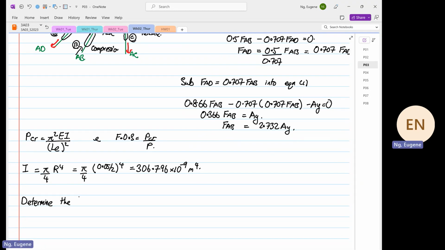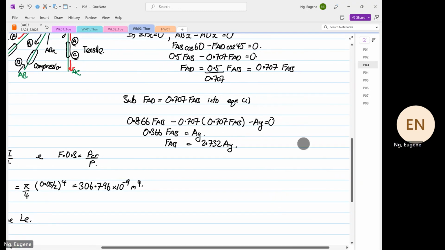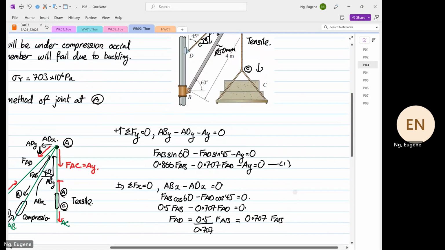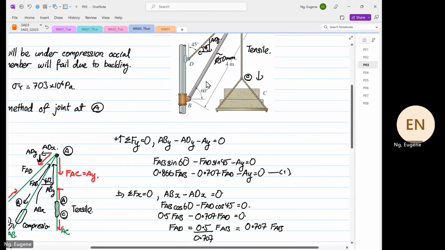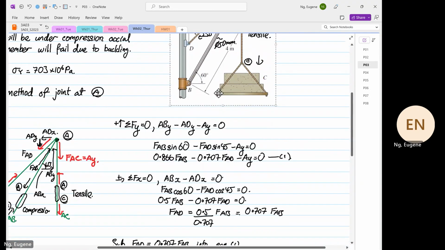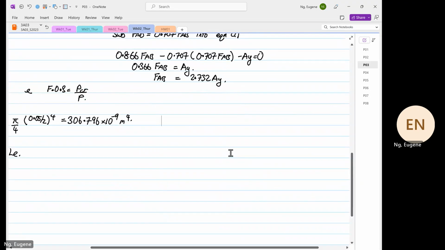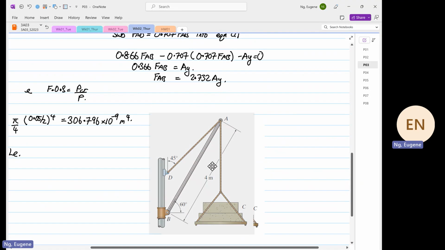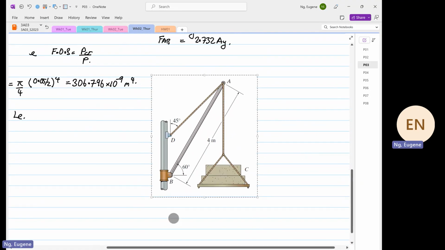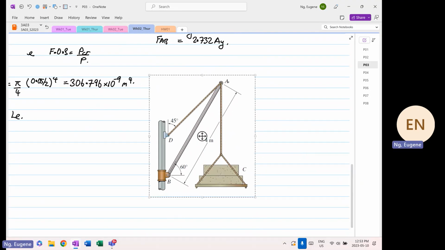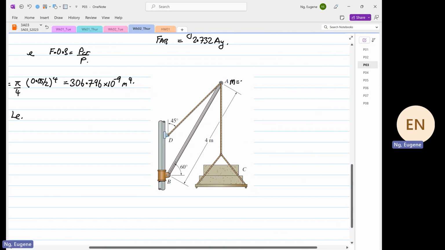the LE. Okay. So if we look at our structure over here, at point A, the moment is equal to 0. The cell is free to rotate.